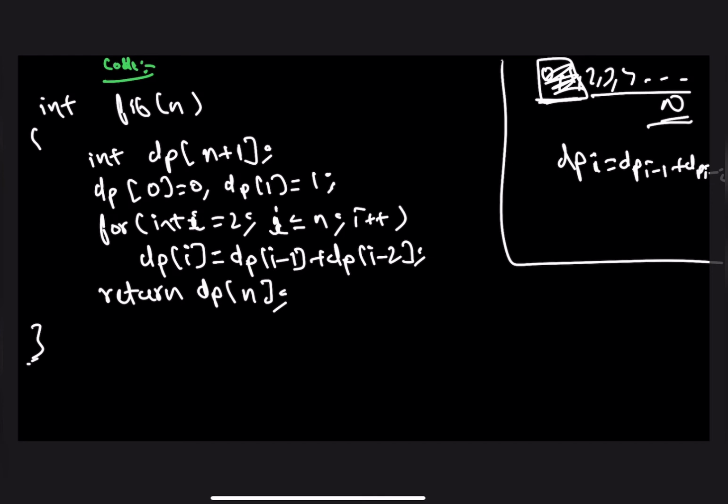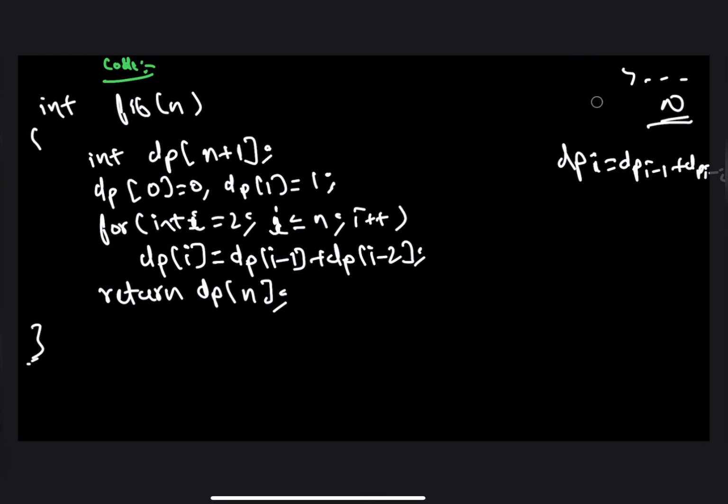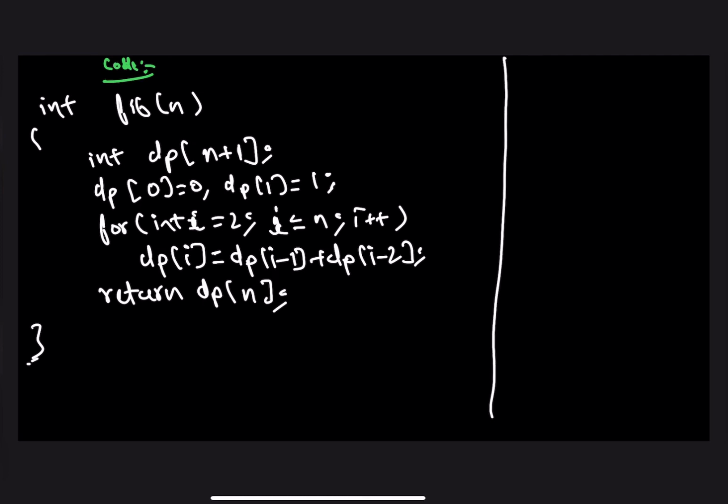Now moving ahead, let's understand the time complexity of this problem. Whenever I calculate the time complexity of a dp problem, I always bear in mind two things. The first thing is the number of states. In this case, the number of states is equal to n. The second thing is the time to calculate each state.